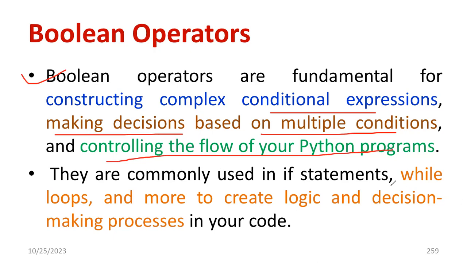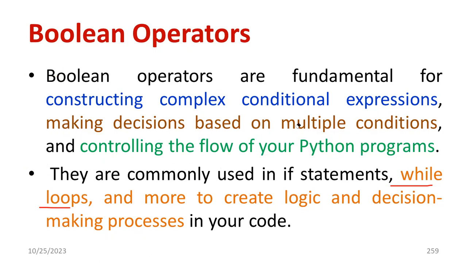It is also normally used in while loops and for loops for creating the logic and decision making process for your code, mainly for controlling the program. That is why we use Boolean operators. It mainly deals with true and false statements. You might have studied this in mathematics. So this is the way to perform Boolean operators in Python programming.